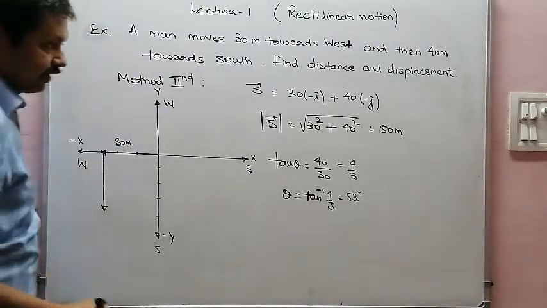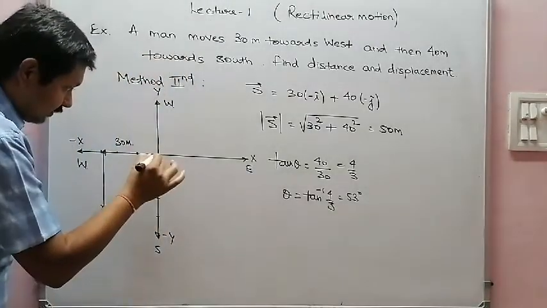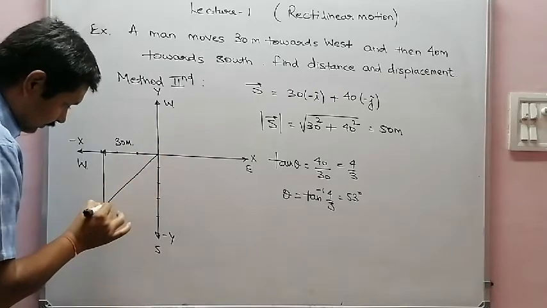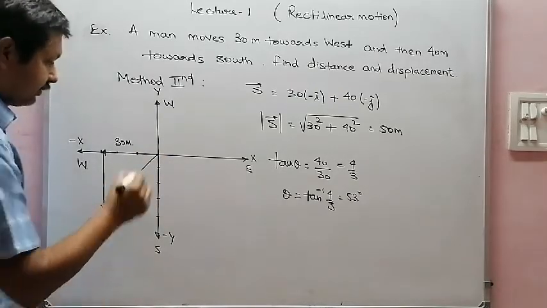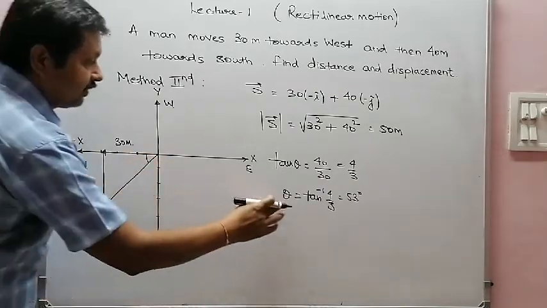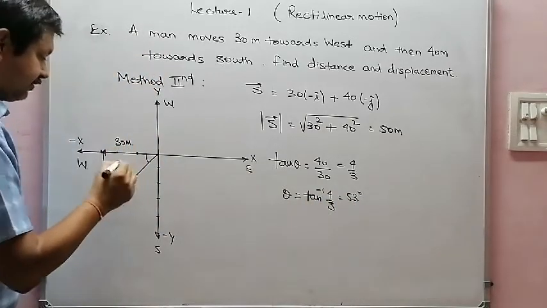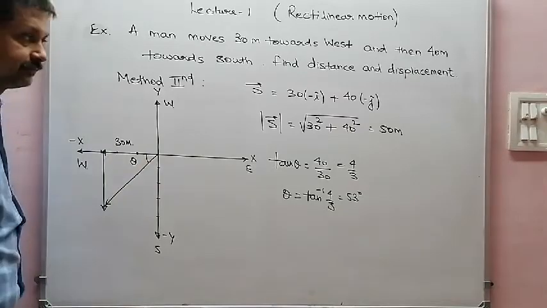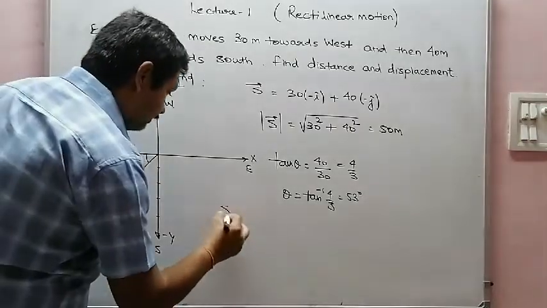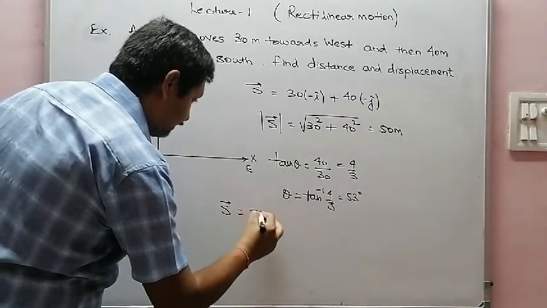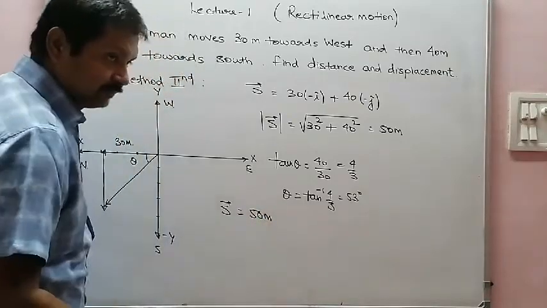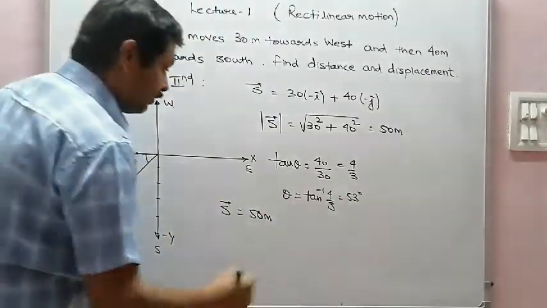So we draw this vector. Angle theta of 53 is to be made with the x-axis. So this is theta. So displacement becomes 50 meter. Its magnitude is done.